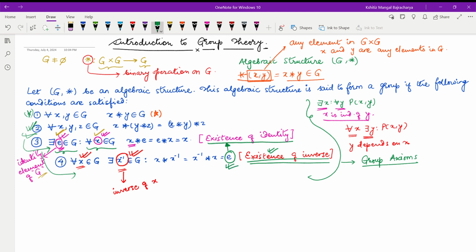So let's not do that and simply define the existence of identity first and the existence of inverse later on. This should be the order: identity first, then inverse, because the definition of inverse involves the definition of identity. That's why the condition for existence of inverse should follow the condition for existence of identity.